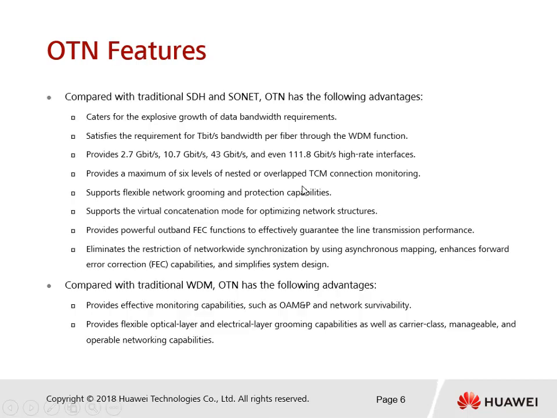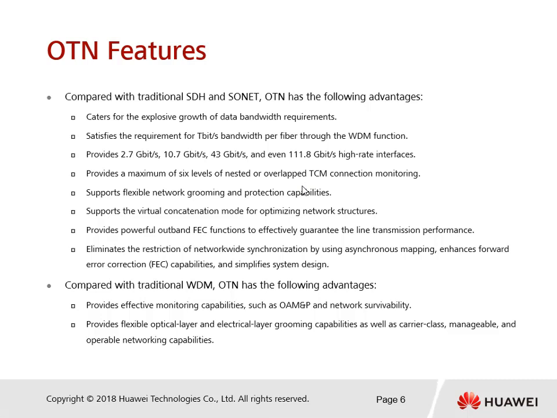Here we show you the OTN features, and we compare the OTN with the traditional SDH and SONET first, and then with the traditional WDM. So first, let's look at the OTN advantages compared with traditional SDH and SONET. First, we can find the OTN has huge capacity and enough bandwidth.